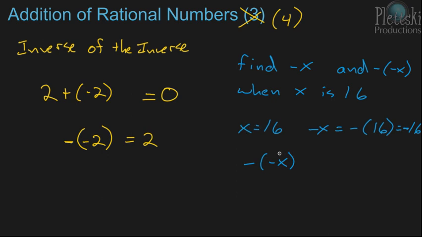So a negative negative x equals a negative negative 16. Our answer is going to be, and remember the definition, the inverse of an inverse of a rational number is the number itself. So here we have an inverse of an inverse, so the answer is going to be the number itself, which is 16.